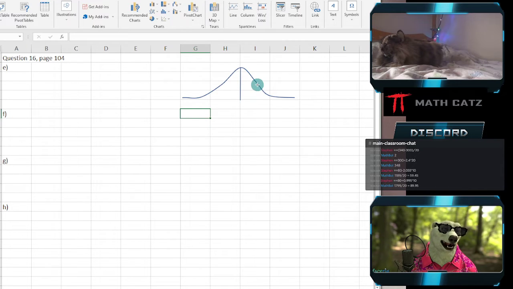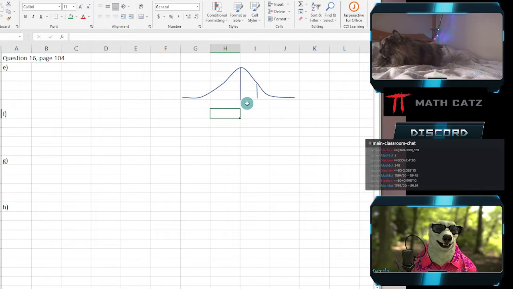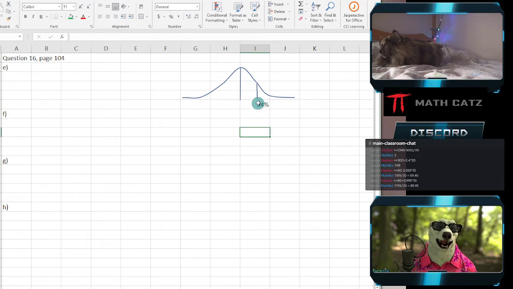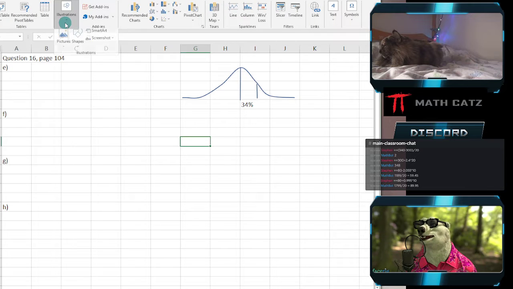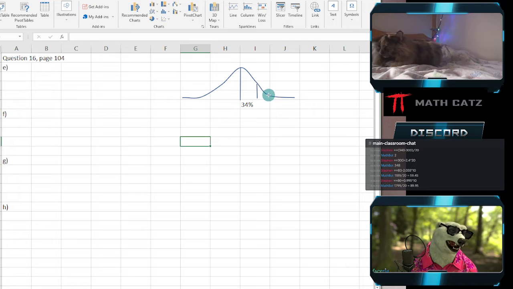Let's go to the right side maybe. There's a line there. And this will be where the 34% sit. Not there. Like that. And then maybe another little line, very rough. Of course, doing this by hand would be arguably much easier.